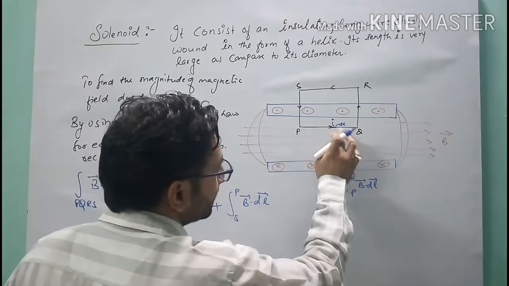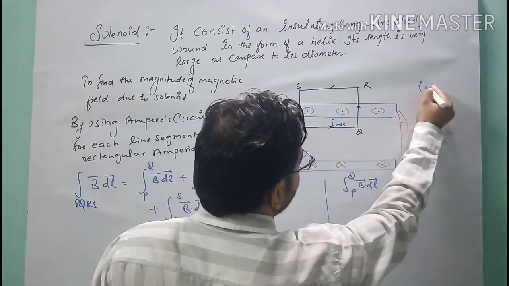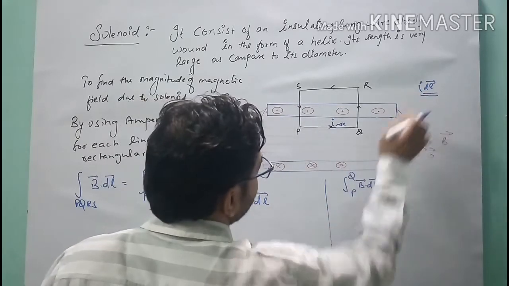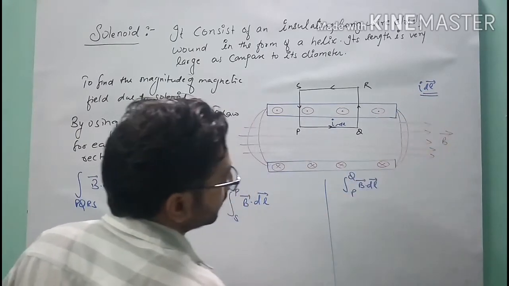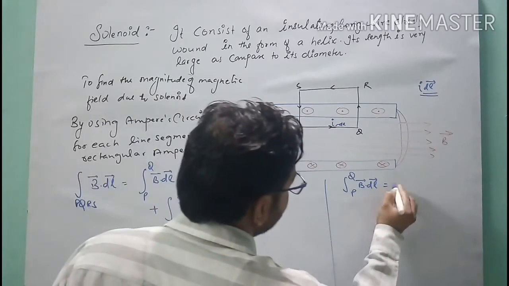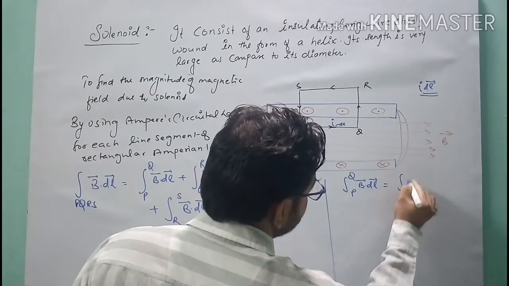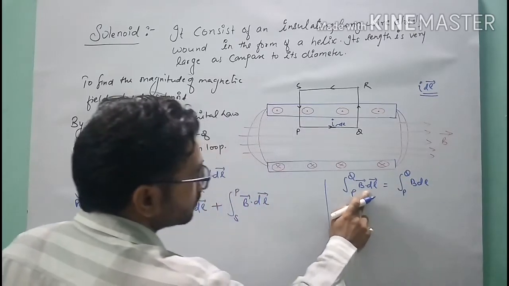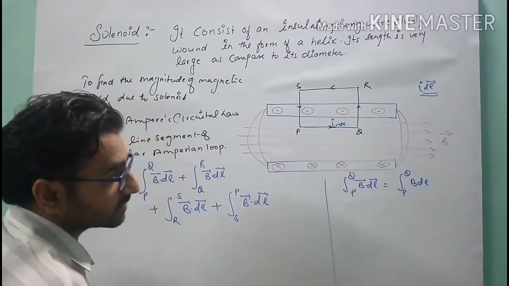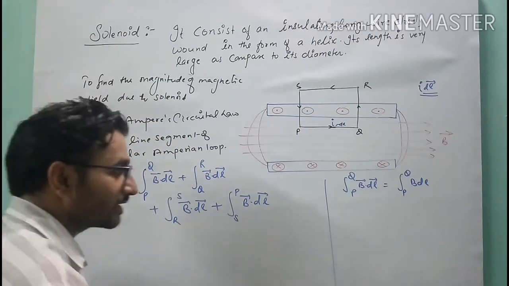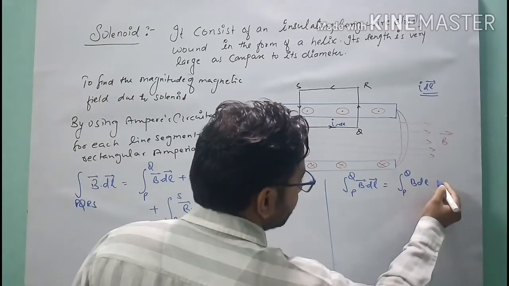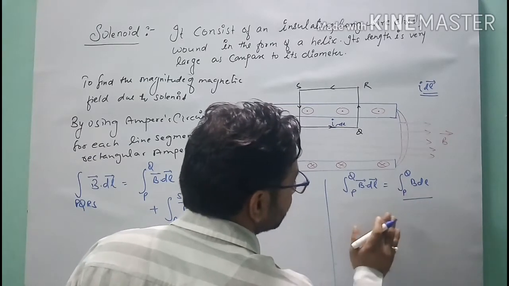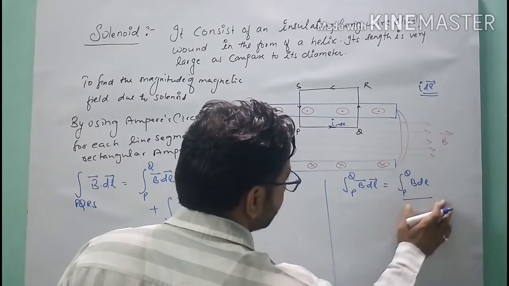So this line element, if multiplied by I, is our current element. So here the direction of current element and the direction of magnetic field both are the same. So I will write this as B dl, because the angle between them is 0. So B dot dl is B dl cos theta, theta equals 0. So I can write easily B dl. So finally it will be B dl.